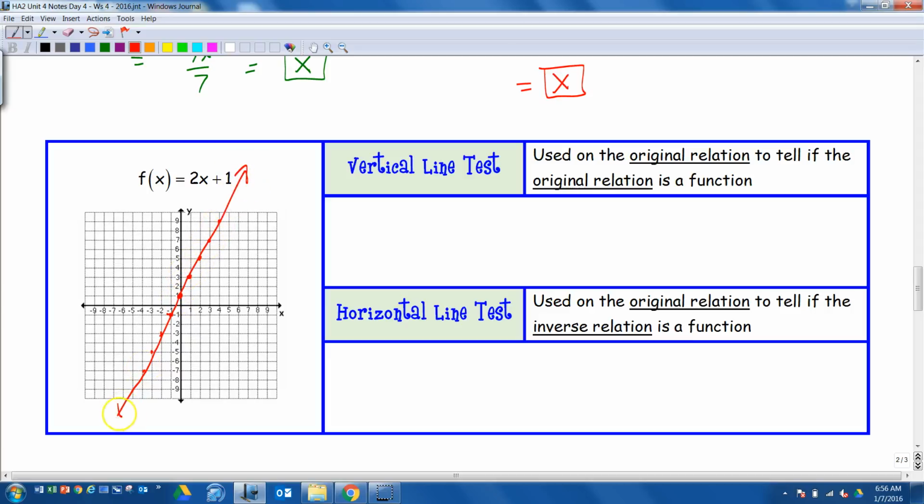Okay. First thing I'm going to check is this a function? So what I would use is, this is the original, I would use the vertical line test on this. And sure enough, it only hits it at one spot each time you draw a vertical line.